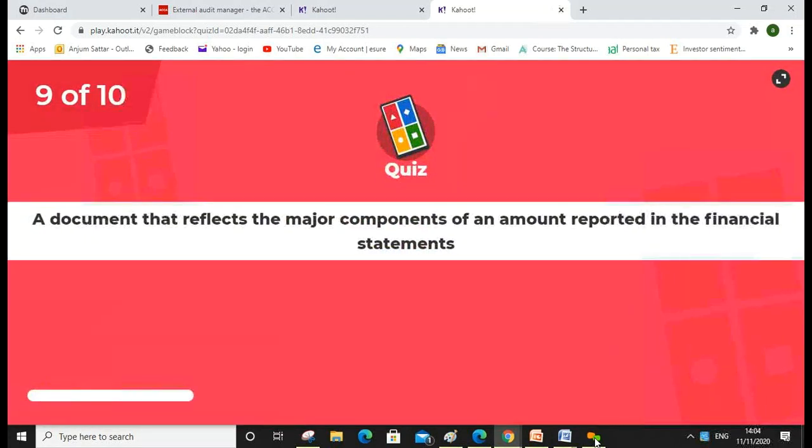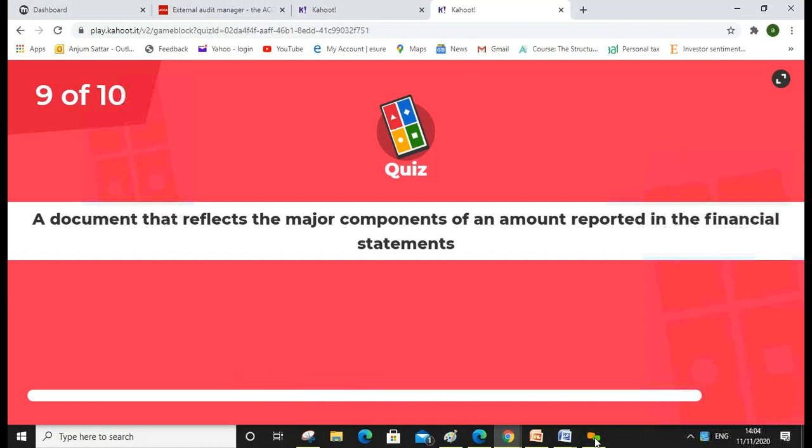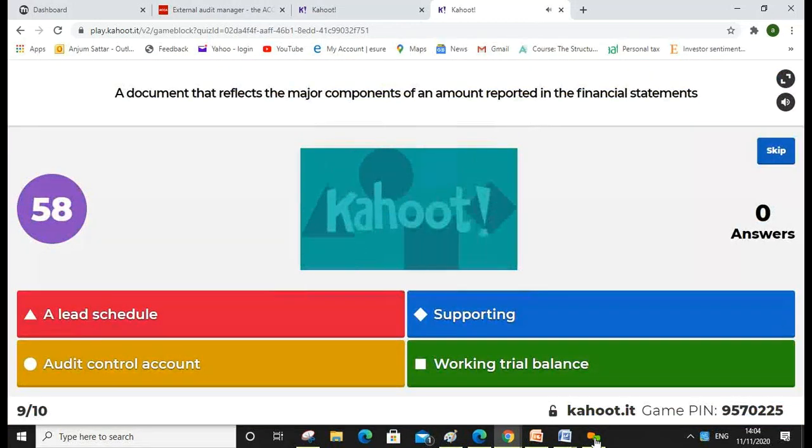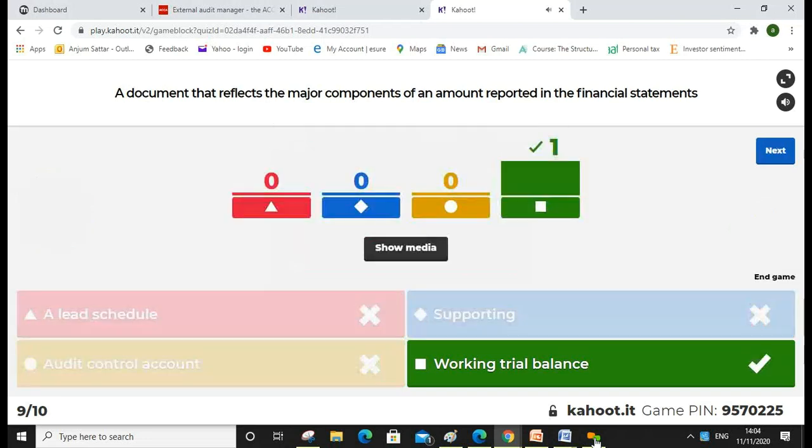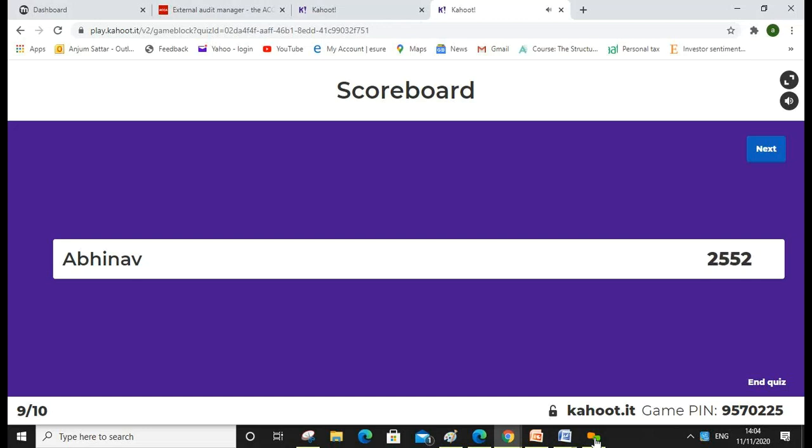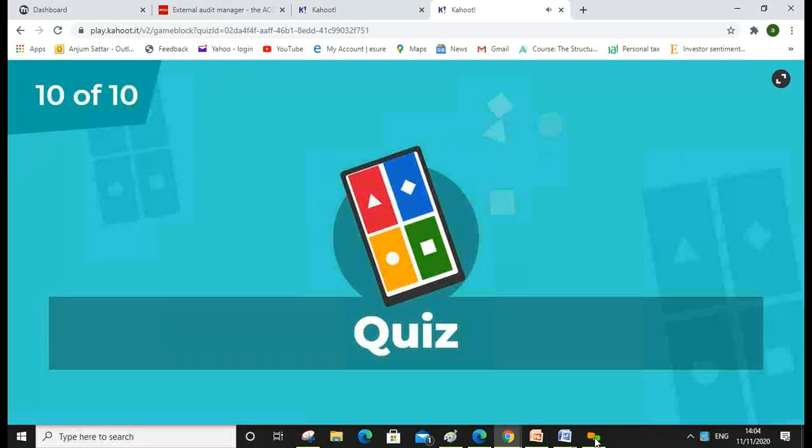Then, a document that reflects the major components of the amounts reported in the financial statements, what is it? Is it the lead schedule, the audit control accounts, or the working trial balance? Okay, good. Well done. Okay, next.